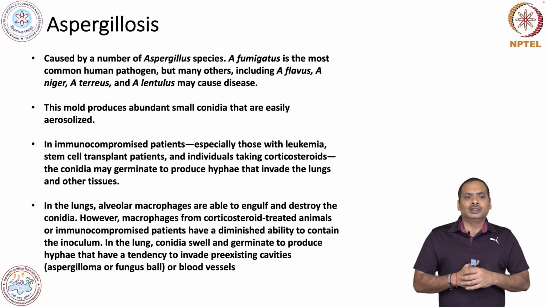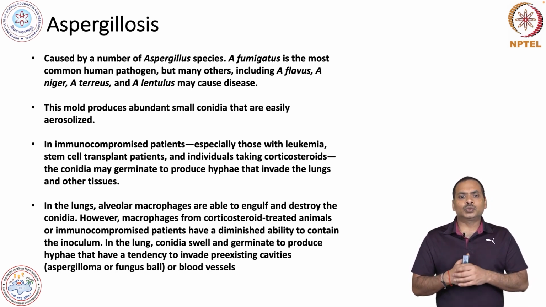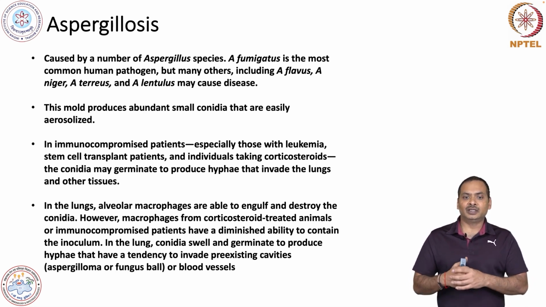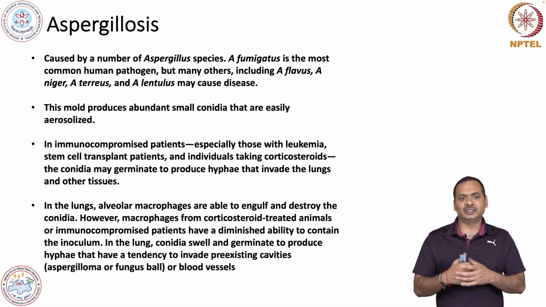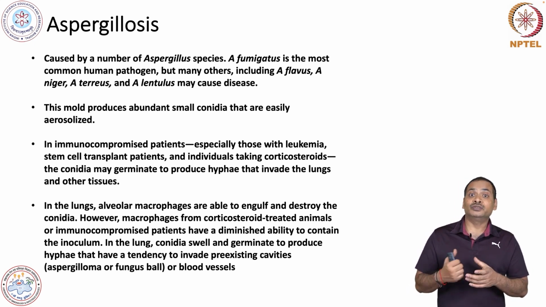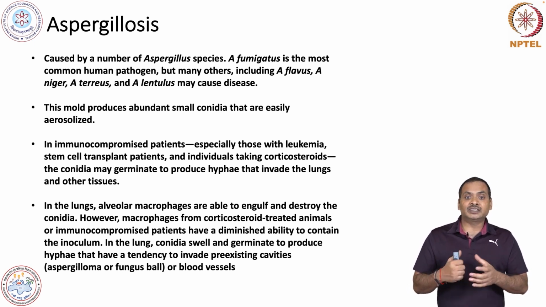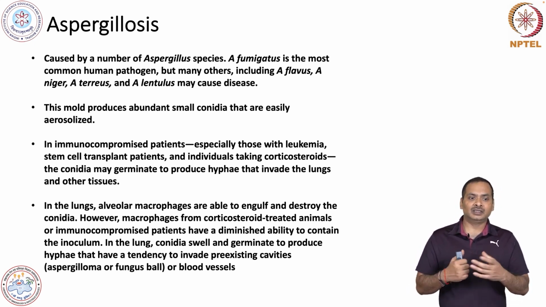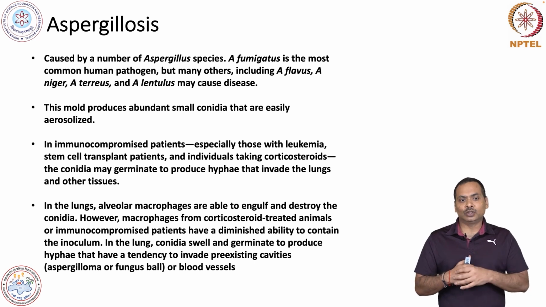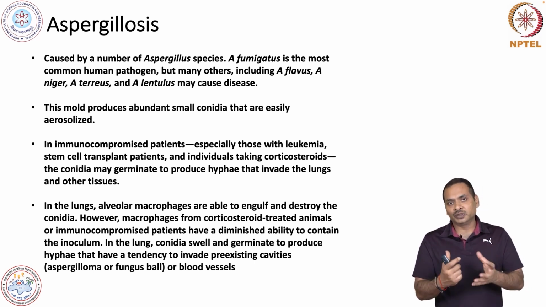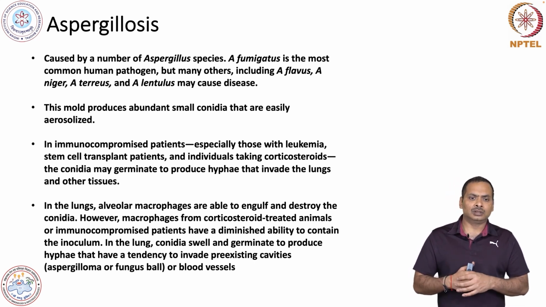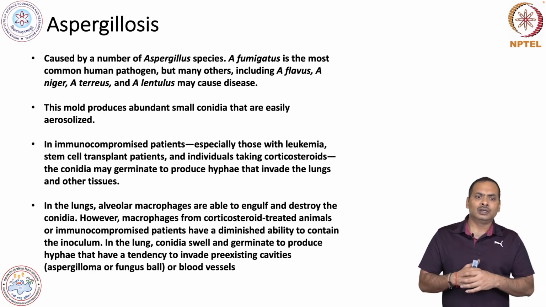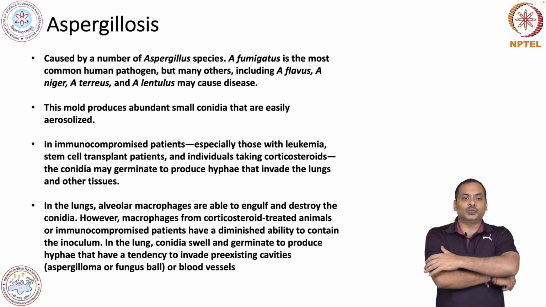In the lung, conidia swell and germinate and produce hyphae that have a tendency to invade pre-existing cavities, and then an aspergilloma or fungal ball will be formed, or it may also be present in the blood vessel.